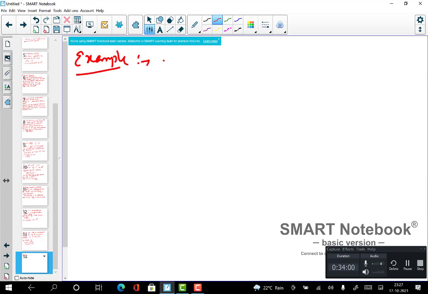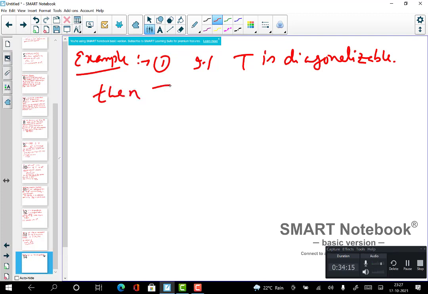For example 1, if T is diagonalizable, then T is normal, as we discussed. Example 2, rotation matrices are also normal matrices. What does that mean?